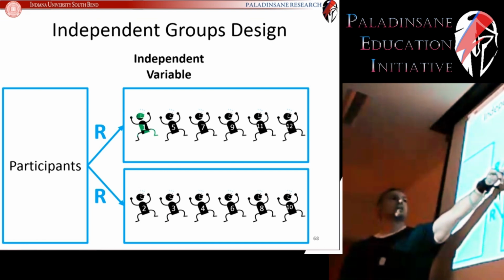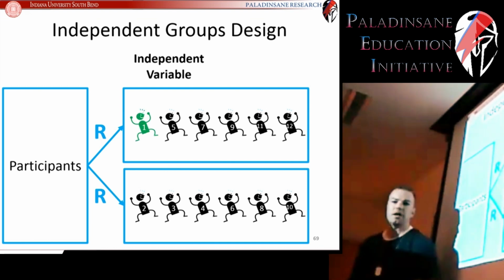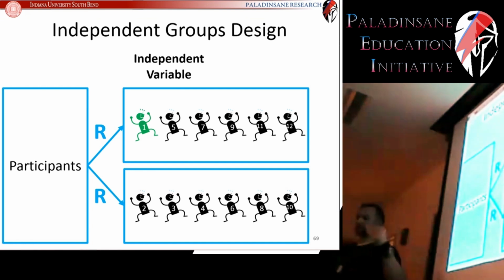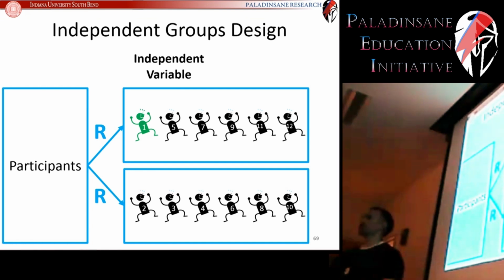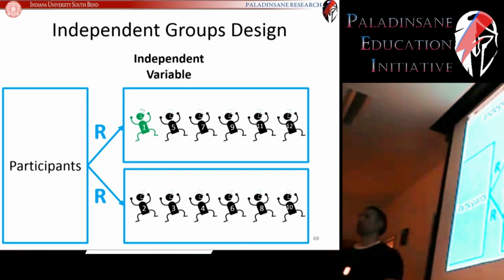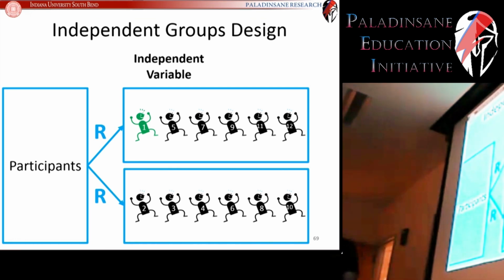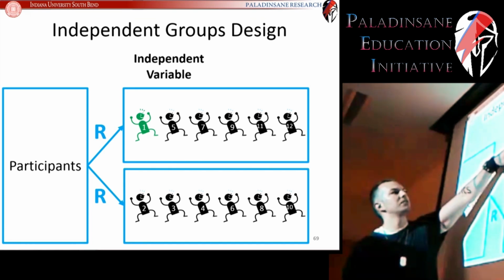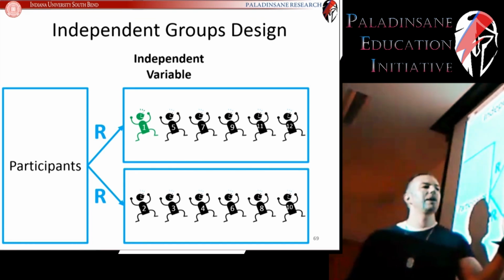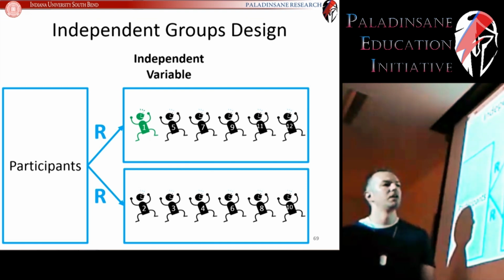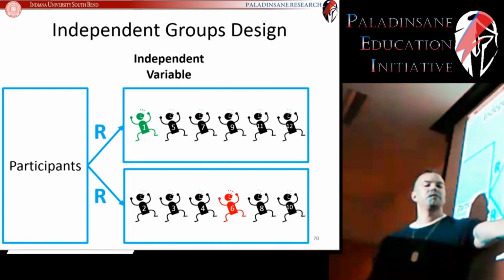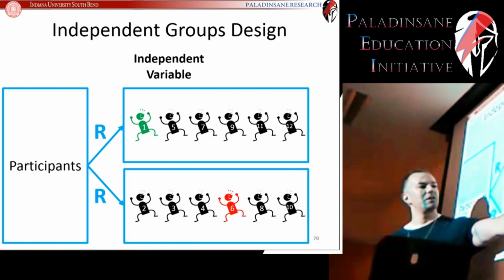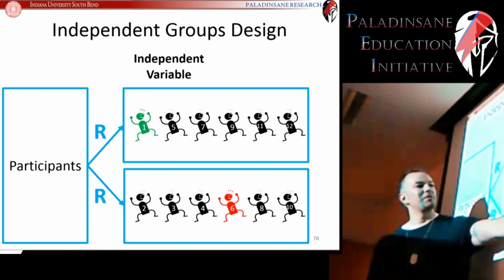Let's just say that we ended up with this green individual here, and they're just one of those uber violent, horrific individuals that you read about in the news sometimes. All right, so they're massively violent. This violent individual is going to be compared to these individuals over here, some of which are going to be very non-violent. So I realize I chose the colors for this wrong, but anyways, stick with me.